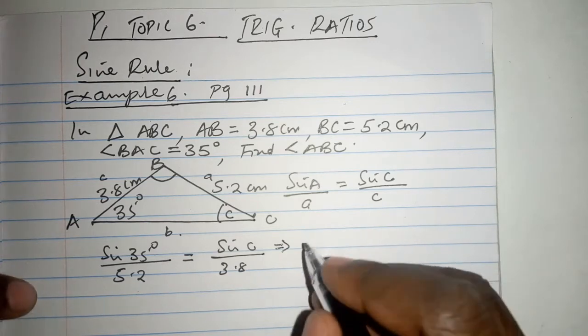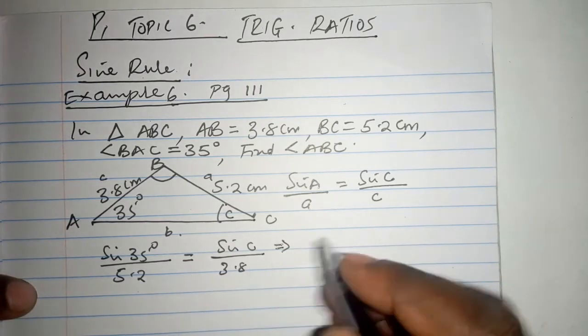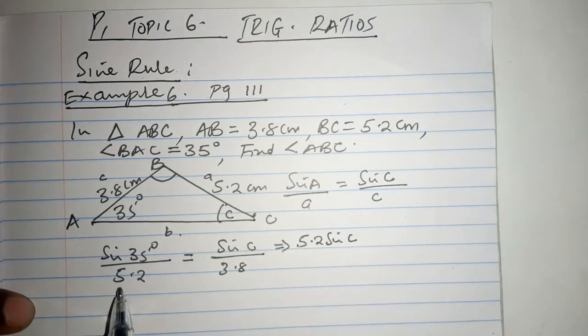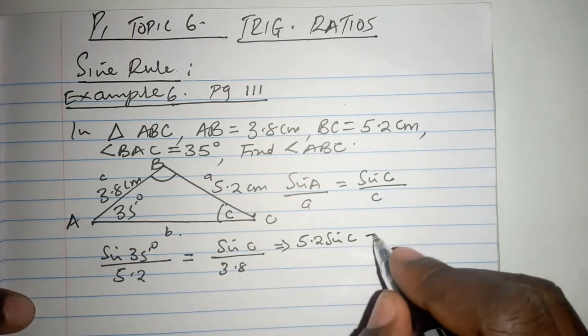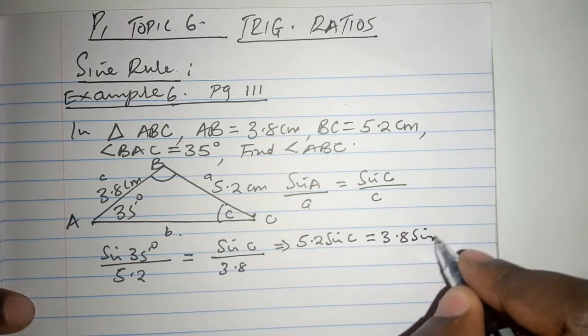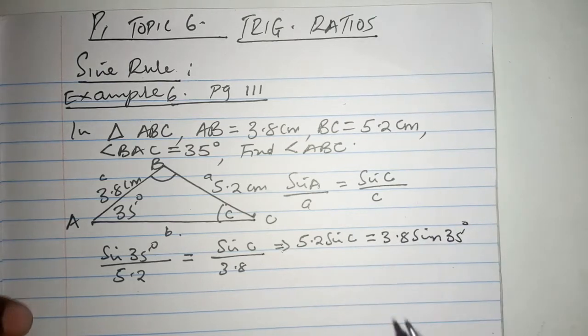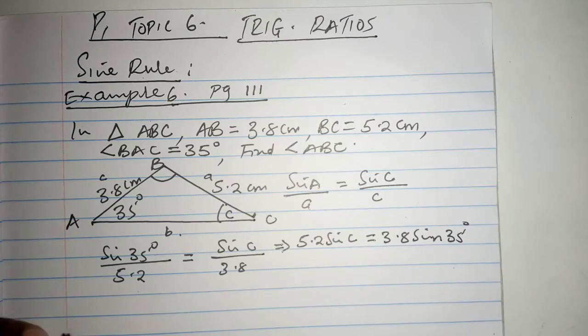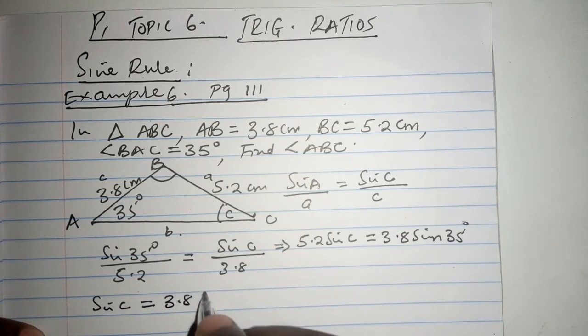And you realize that if you are talking about cross multiplication, you're going to have 5.2 sine C is equals to 3.8 sine 35 degrees. So what is sine C? You divide by 5.2 both sides. So we have the sine of C is equals to 3.8 times the sine of 35 degrees all over 5.2.